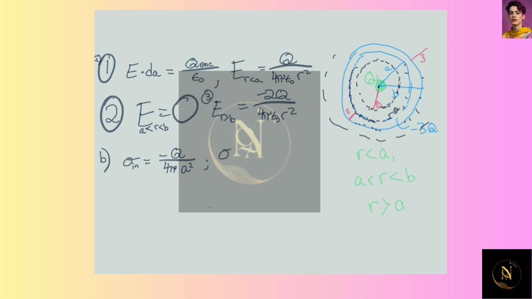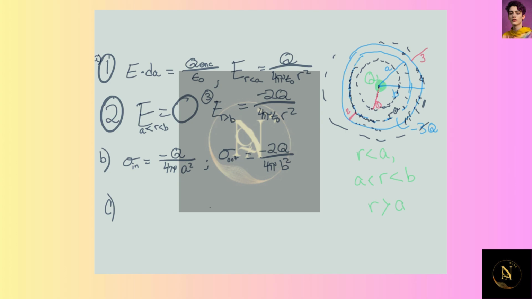Then the surface charge density for the outer: we have a total charge of negative 3Q on the shell, so negative Q is on the inner wall, which leaves negative 2Q on the outer wall of the conducting shell. That's equal to negative 2Q over 4 pi, and now we use B squared. Those are our charge densities.